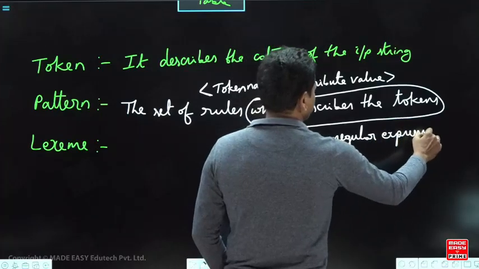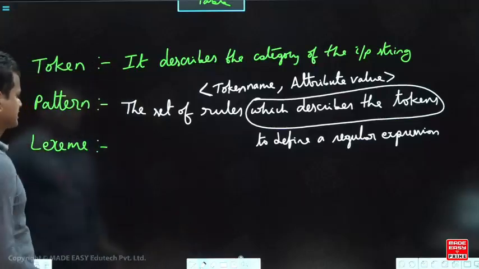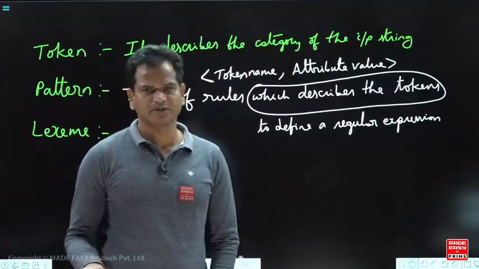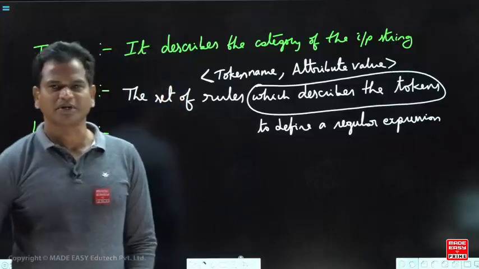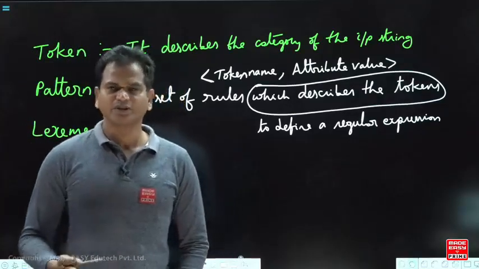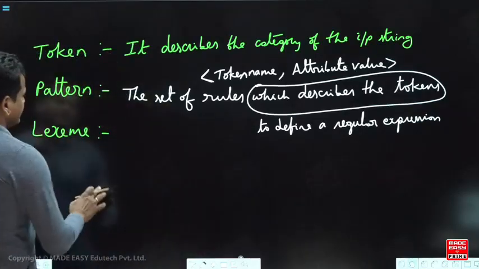You can write like this also. Both are the same. The set of rules to define a regular expression. So what are the rules for different tokens? What are the rules for keyword? What are the rules for operators? I told you, keyword, operator, constant, punctuation mark, identifier. There are rules for everything, and those will be defined in pattern.